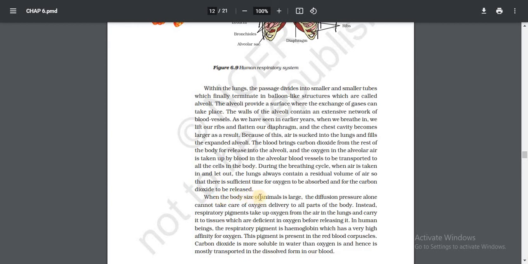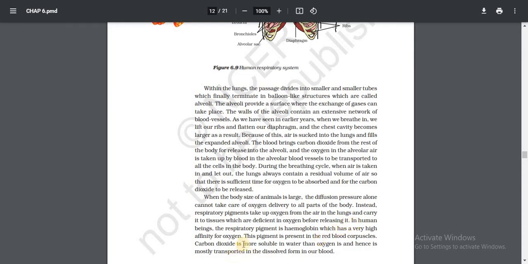When the body size of the animal is large, the diffusion pressure alone cannot take care of oxygen delivery to all parts of the body. Instead, the respiratory pigments take up oxygen from the air in the lungs and carry it to the tissues which are deficient in oxygen before releasing it.